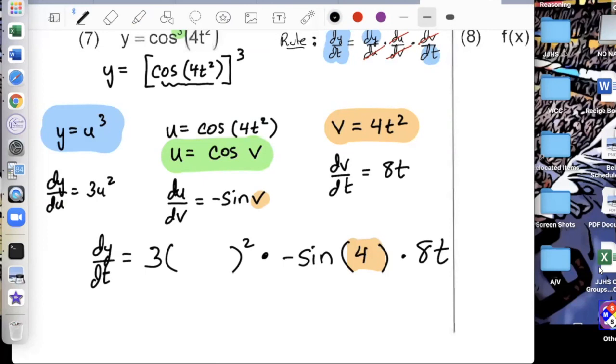Let me rewrite. All right. That 3u squared, that u is cosine of v.